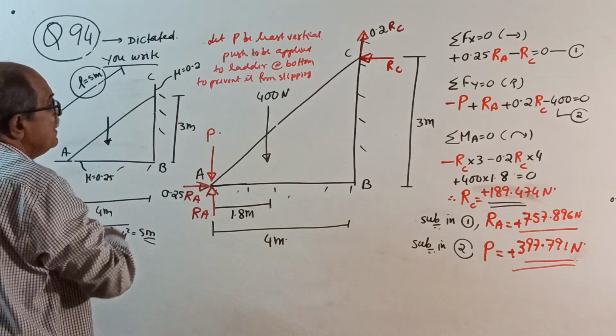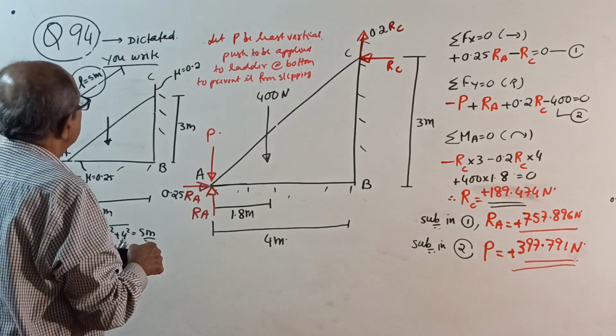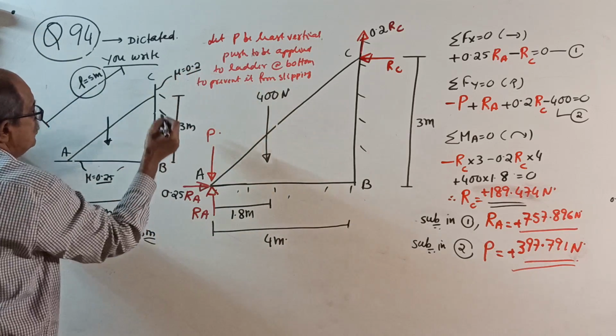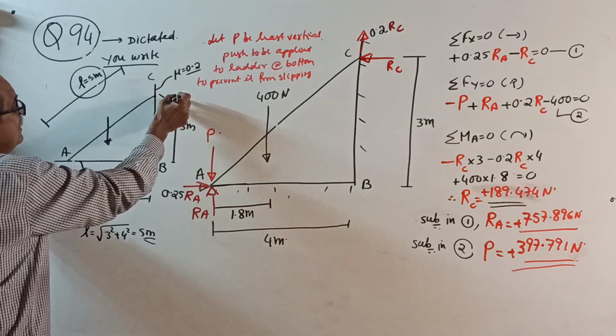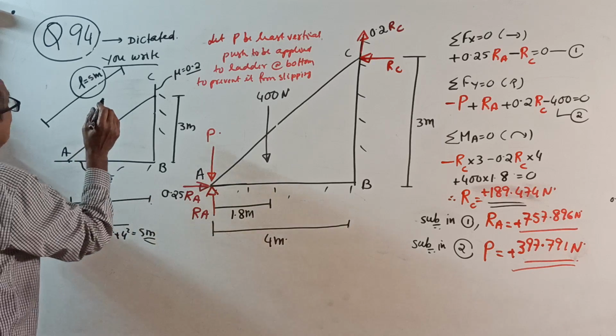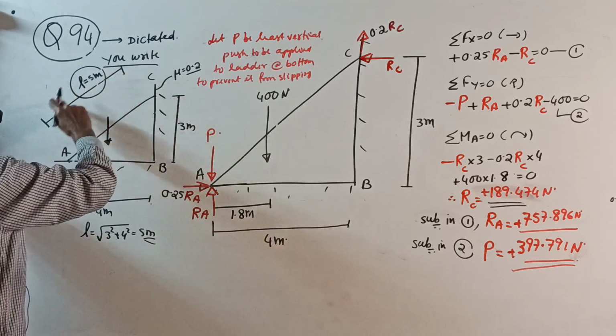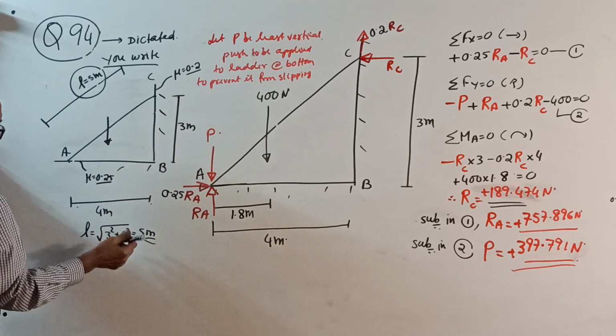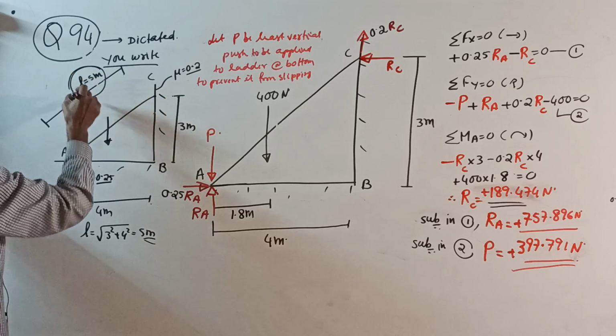In the question I told you, this mu is 0.25, this mu is 0.2. Top of the ladder is 3 meter from here, bottom of the ladder is at 4 meter here. So the length of the ladder equals root of 3 square plus 4 square, so you get length 5 meter.